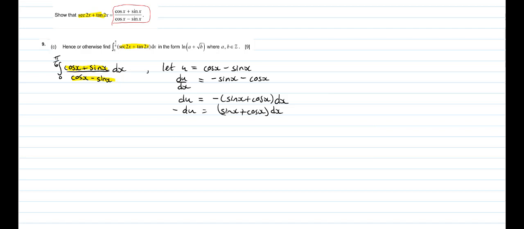So now we've got our expression for du, so now we can change our limits of integration.